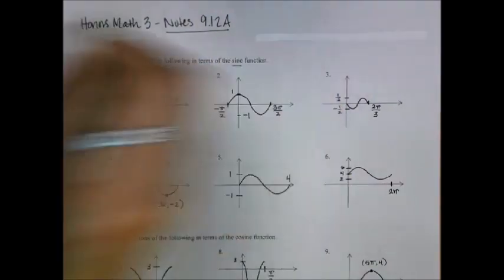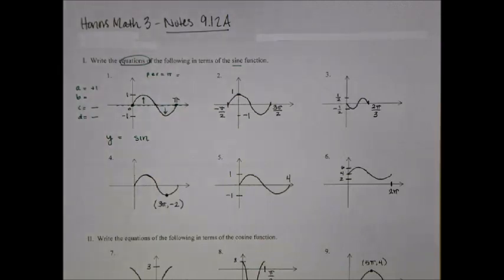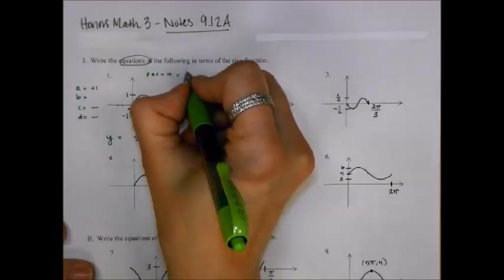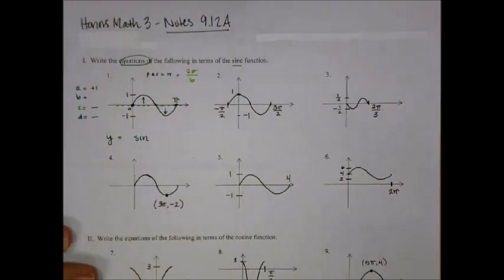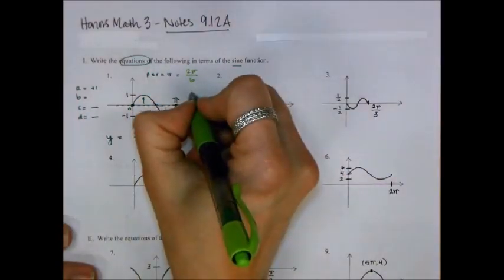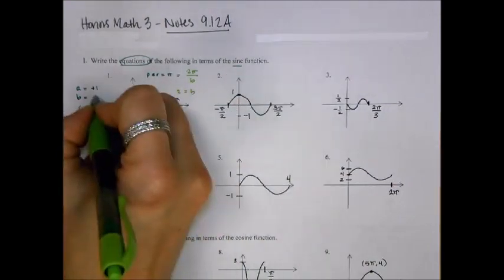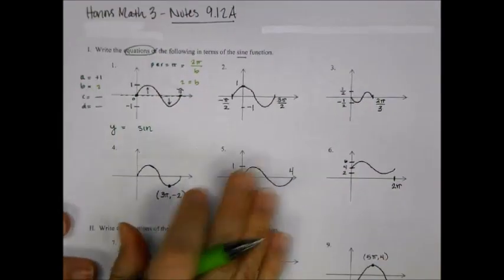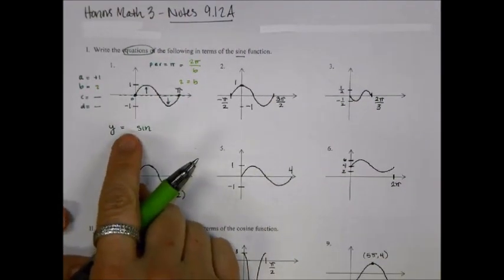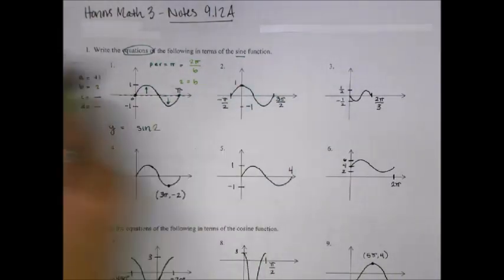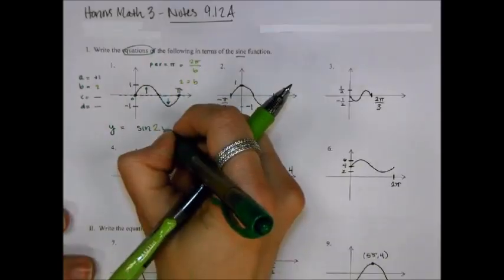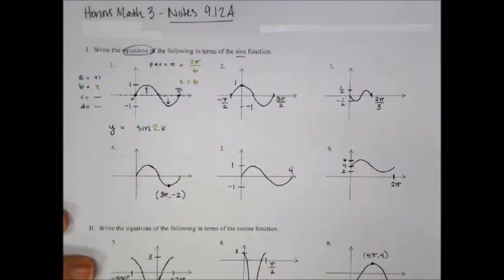So we'll take pi and set it equal to our formula for the period of a sine curve. 2 pi divided by b is pi, so b must equal 2. So in writing our equation here, we'll have a positive 1 sine, then a 2x, and we won't need any c or d, so we'll just end this way.